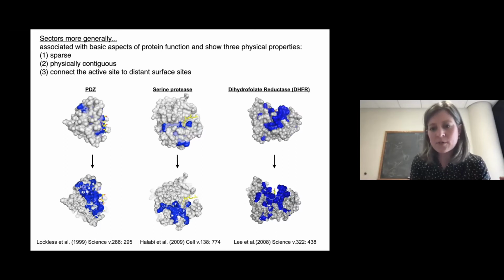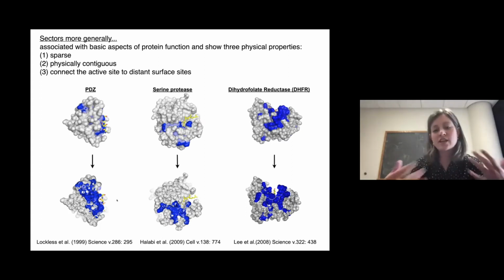And you can see, for example, in dihydrofolate reductase, this enzyme, that the sector is centered around the active site. And then it has these branching arms that seem to extend out to these distal surfaces on the protein surface. And this is also true in the serine proteases and in the PDZ domain.